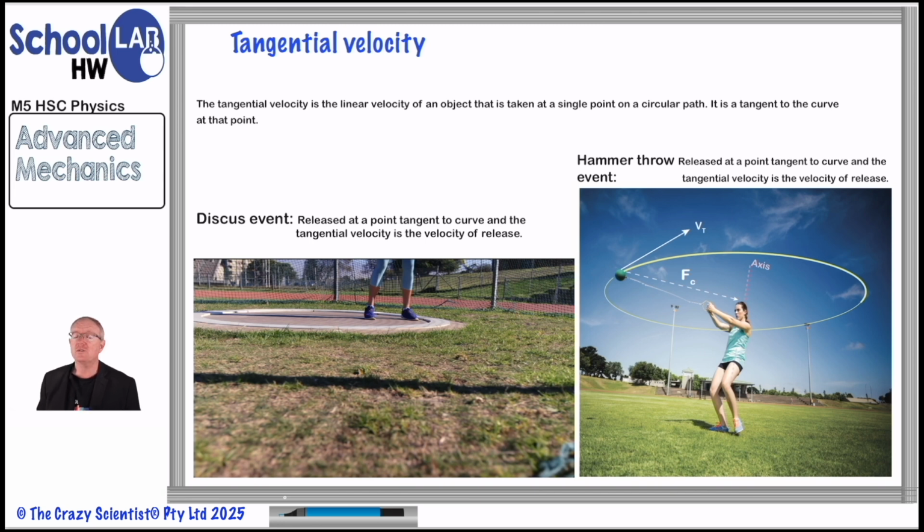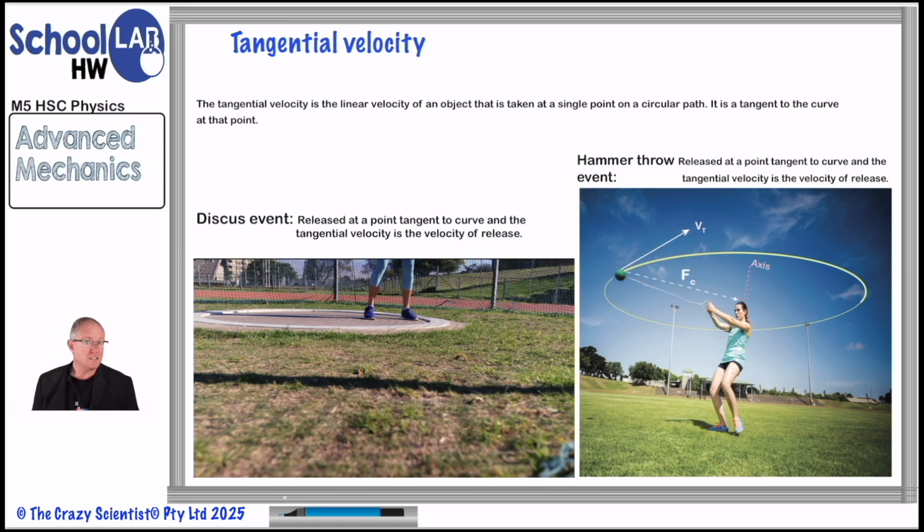Now that tension force is causing the ball to change its motion and continue in a circular path. If she lets go of the string, then that ball will continue in a straight line, and that is where we get the tangential velocity, right? So the centripetal force is going inwards like that, so the centripetal force is equal to the tension force in the string or in the cable, and then we have the tangential force which is coming out here.